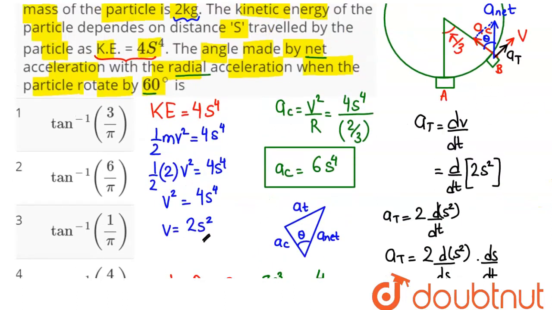The distance moving from point A to B will be equal to r into theta. The radius is 2/3 and the angle theta is pi by 3, hence the distance traveled is 2 pi by 9.